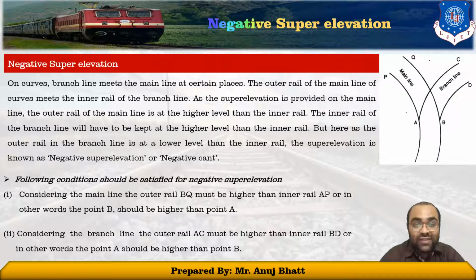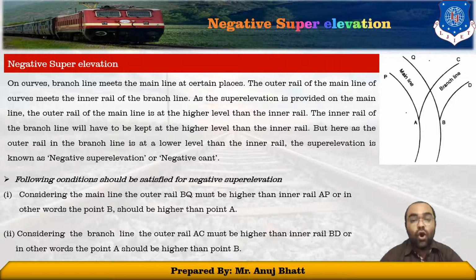Well, how is that possible? For the main line we have to keep B higher than A, and for the branch line we have to keep point A at the higher elevation. So that is definitely a contradictory condition. These two contradictory conditions cannot be satisfied at the same time within one layout.